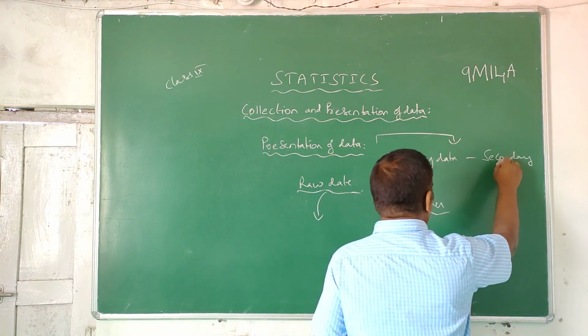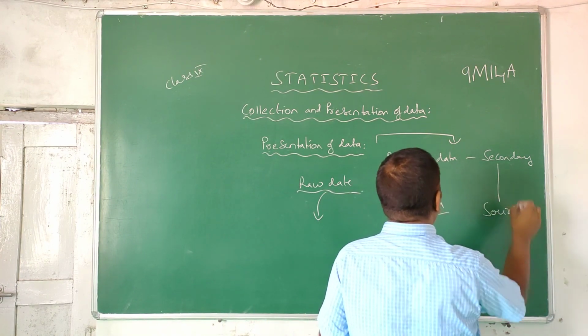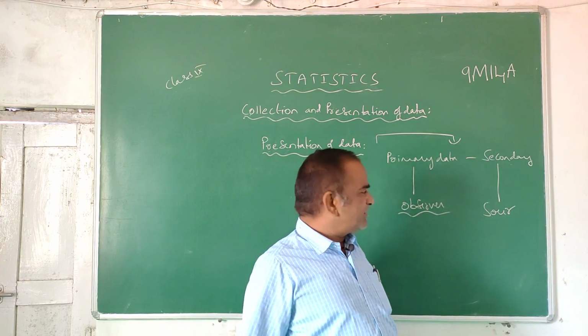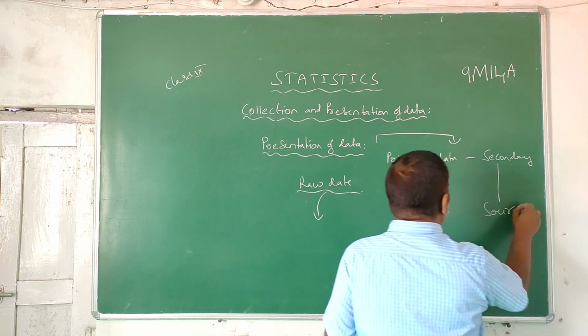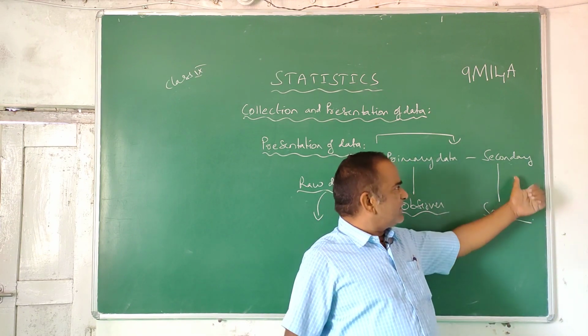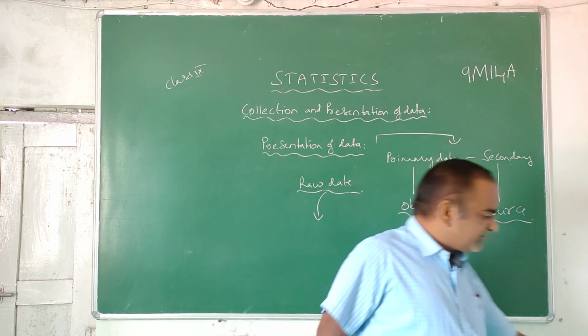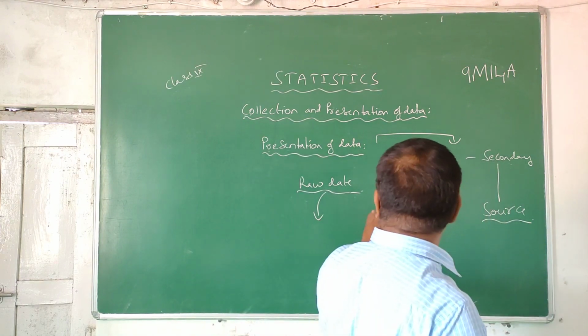The data collected through some source, it may be print media, electronic media, come what it may be, is called secondary data. So you have understood the difference between primary data and secondary data.